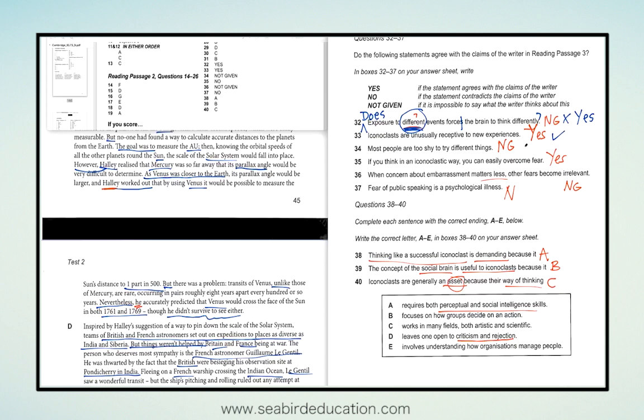33, I'm unusually receptive to new experiences. Yes. 34, not given. Okay, I'm close to 7.5 so far. If you think in an iconoclastic way, you can easily overcome fear. 35, no. Let's see if we can find this.